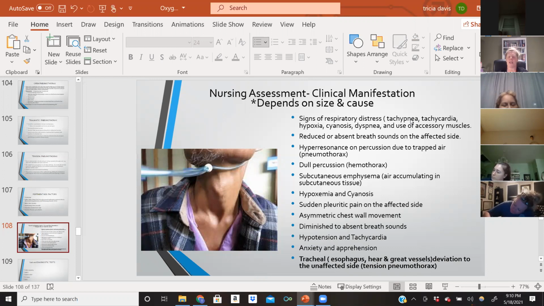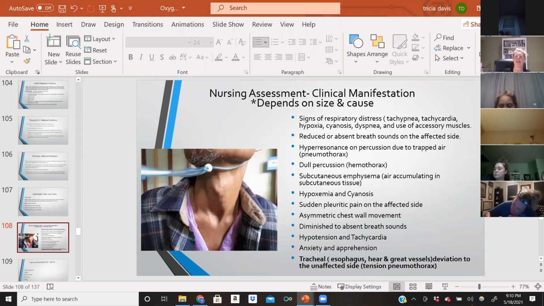And then we're going to see tracheal deviation to the unaffected side, which is that tension pneumothorax. You can see that tracheal deviation right here in the patient's neck. You see how it's going off to the side. That deviation is always going to go to the unaffected side. You guys need to know that.